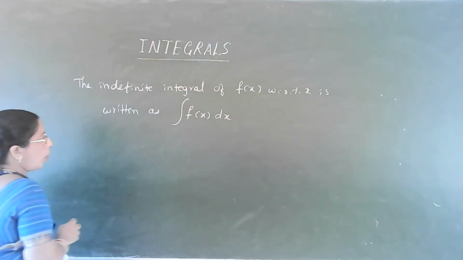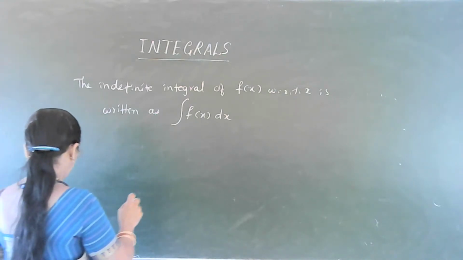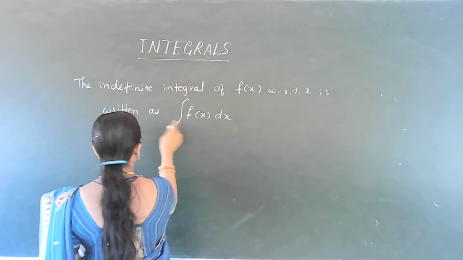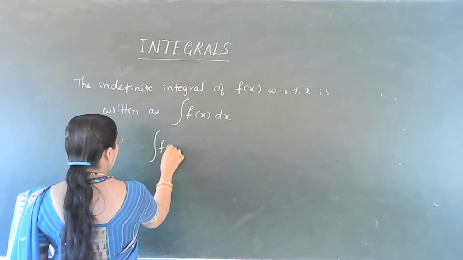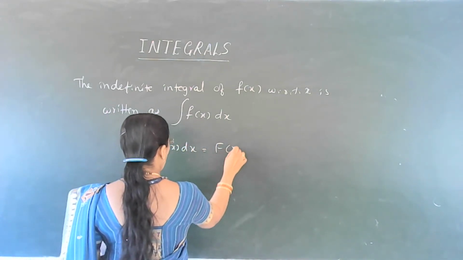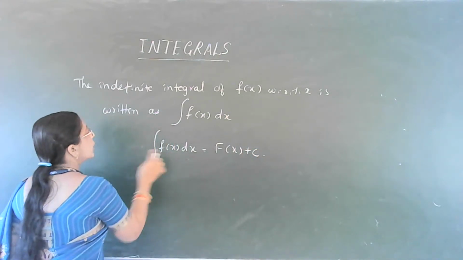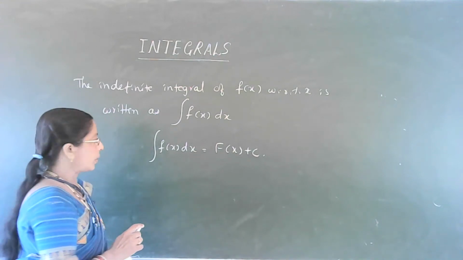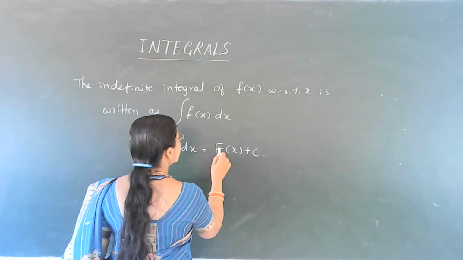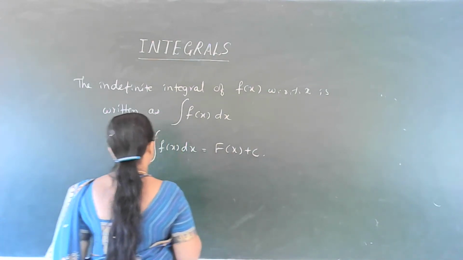It's the integration of f of x, it's the antiderivative of f of x. Then it is written as integration of f of x dx is equal to F of x plus c. Small f of x is the derivative of the function, then capital F of x is the function.